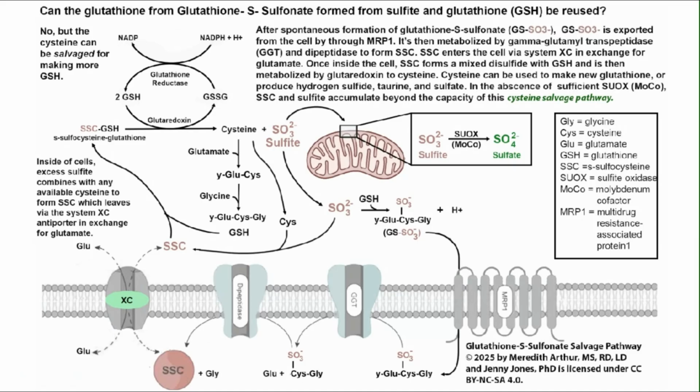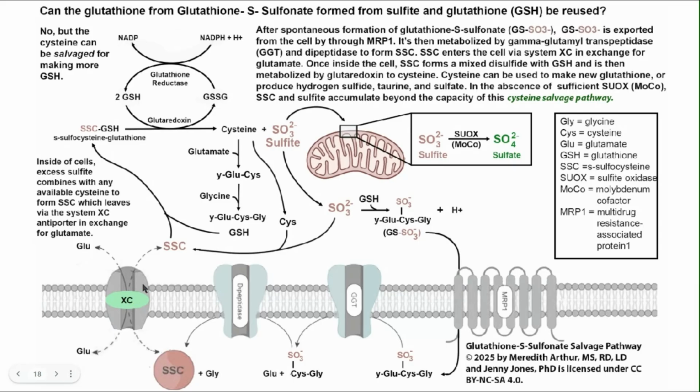Okay, but the levels would have to be super high to make S-sulfocysteine in your blood. And this would be more likely to occur during alkalosis than in acidosis. That's just what the studies show. So SSC can actually be used as a source of cysteine. It can enter through the xC transporter, and to enter, glutamate has to leave.